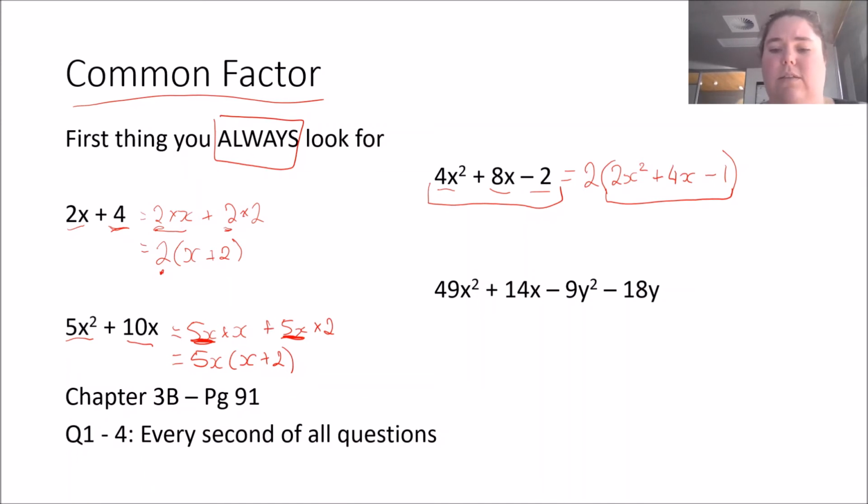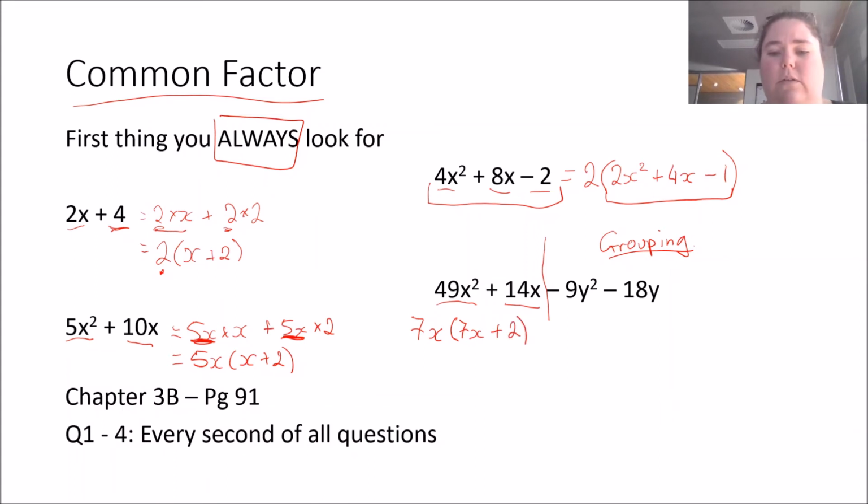Alright, there's this other thing called grouping. Okay, grouping is when you have a bunch of terms and some of them have common factors with each other and the others don't. So for this one we can see 49x squared and 14x. Well, they've already got some common factors we can see. So we're going to split this in half and take their common factor out, 7x, which gets me 7x in here plus 2.